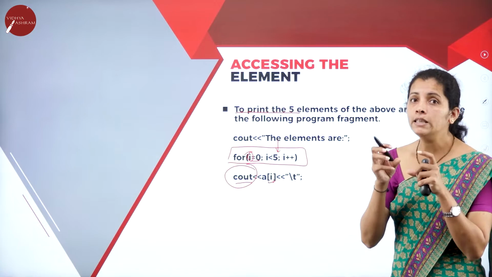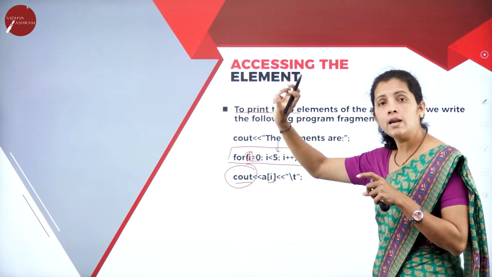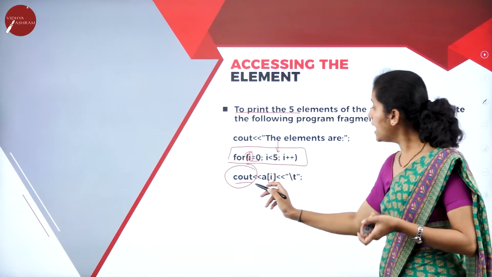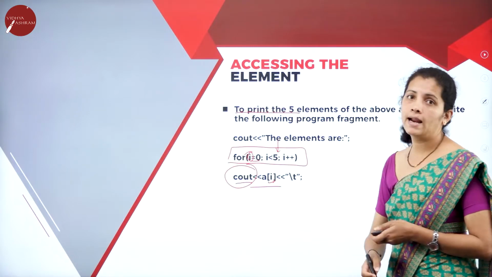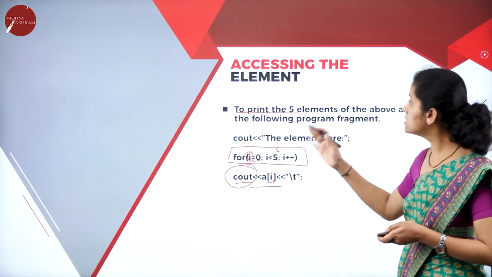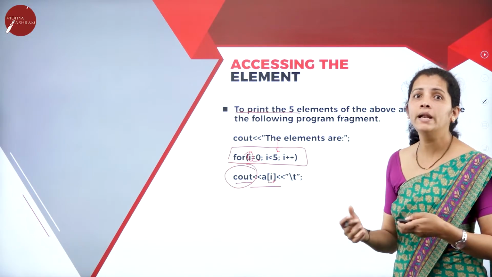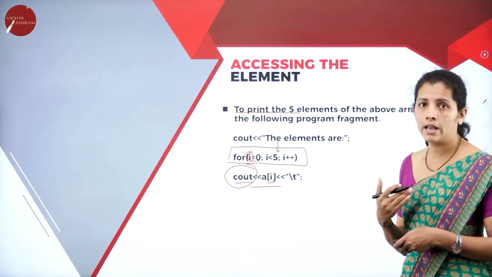So I need to get the element which is present in my index one by one. For that reason, I'm going to use the for loop. Along with that, I'm going to specify the array index. So this is the way I can print the array elements which are present in my array.